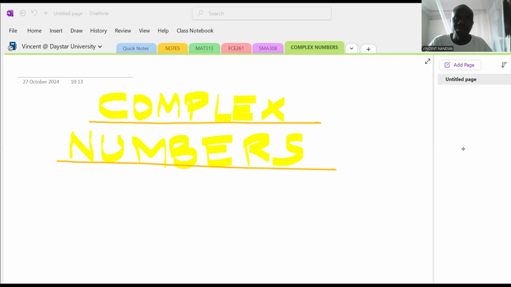So don't be scared by the term complex numbers, because it is just a name we give to those special kinds of numbers. So let's begin by defining a complex number, and then after that we'll deal with operations on complex numbers.